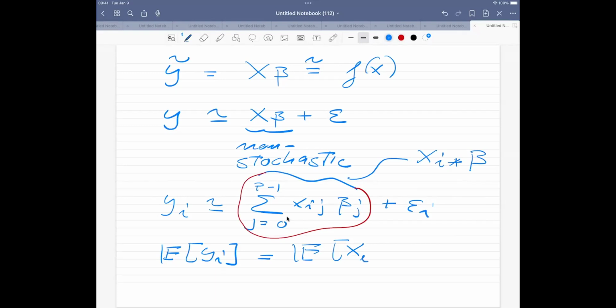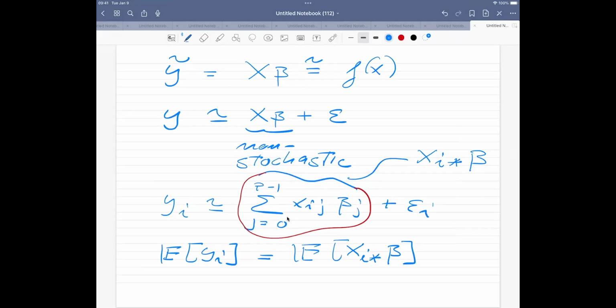So I'm going to calculate the expectation value of this quantity, which is non-stochastic, and that is equal to itself, because we don't have a probability distribution which governs these quantities. I can take any probability distribution and I will always get the value itself, because it's like a constant. It doesn't depend on a Gaussian, like the Gaussian for the epsilons.